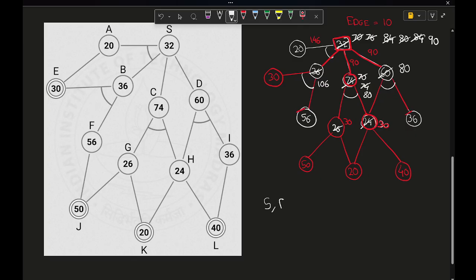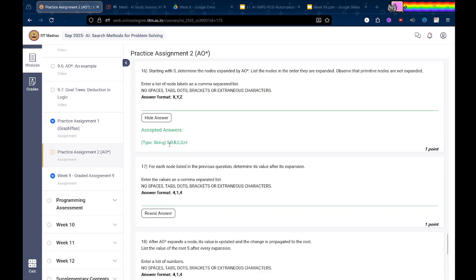So let's just guess that it was F, D, then B, right? Then we came here again and then we expanded H. Correct? Yeah, FDBCGH. Yeah, that's correct.